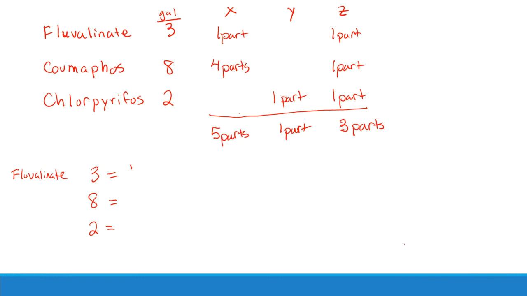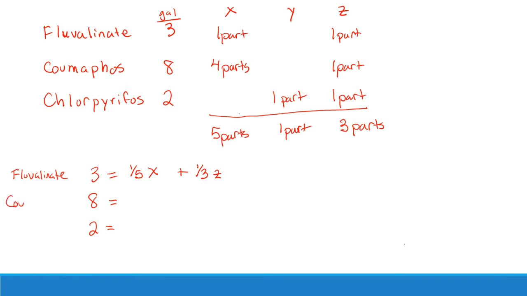So 1/5 of it is X. Y doesn't have anything. So I'm not even going to list Y, because Y doesn't have any of that chemical. And the spray Z has 1 out of 3 parts. So that's going to be 1/3 Z. So 1/3 of that spray contains fluvalinate.